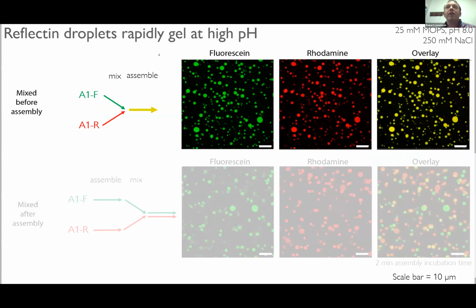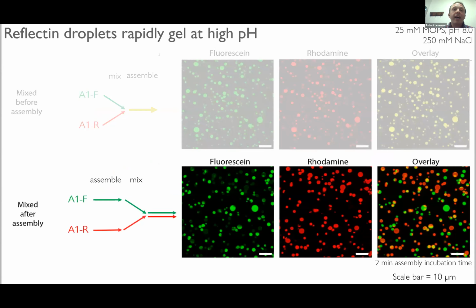To further demonstrate that, here we've taken reflectin A1 protein and applied two different labels, either fluorescein or rhodamine. If we take these two separate monomer proteins, combine them together, and then drive assembly by dilution into high salt, we get micrometer-sized droplets homogeneously labeled with both labels.